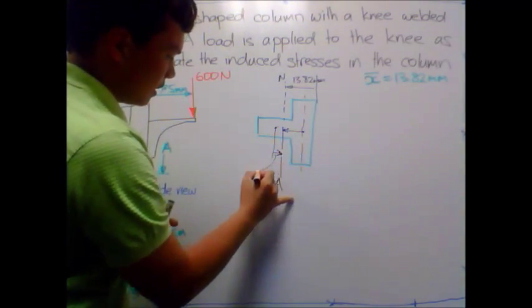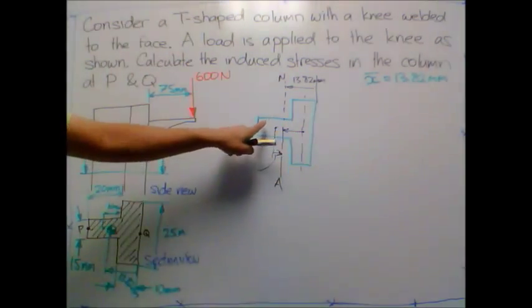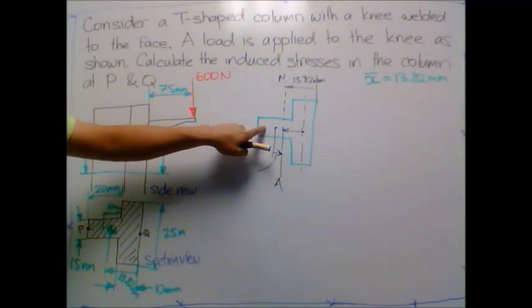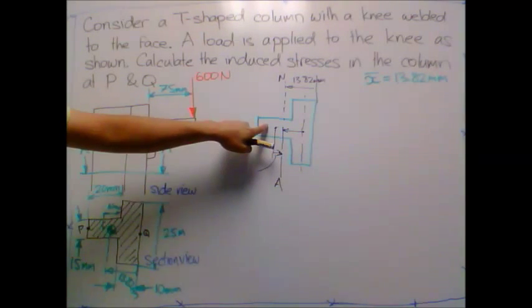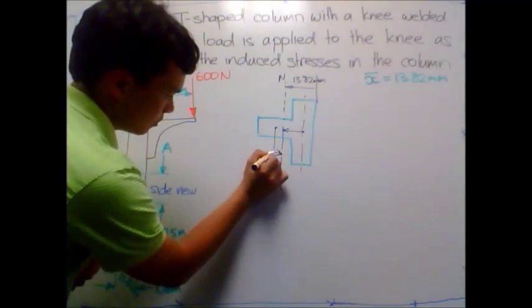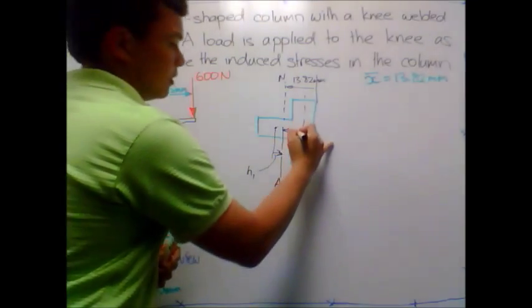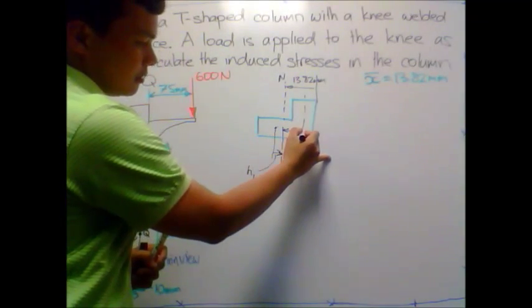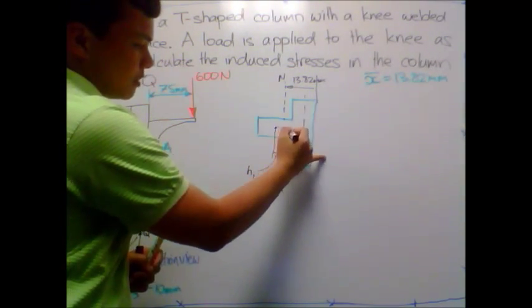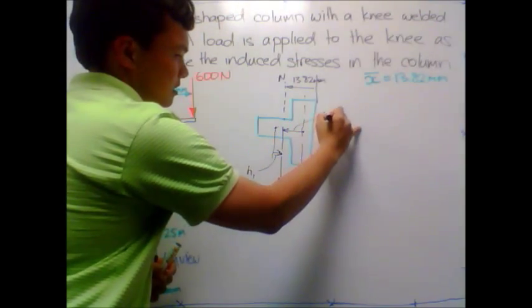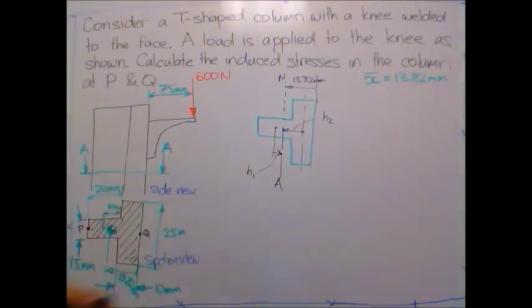I called this shape number 1. I called the distance moved here h1, and the distance from the centroid to my neutral axis h2. That's the distance to shift from there to there.